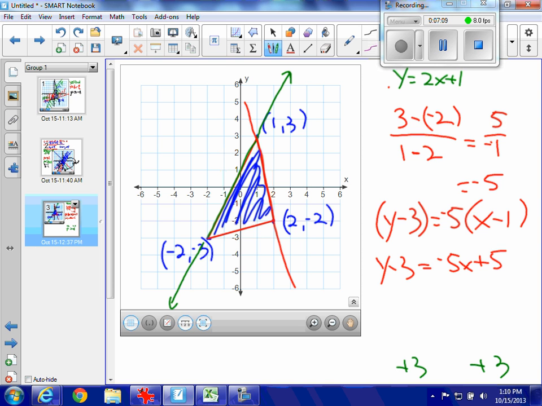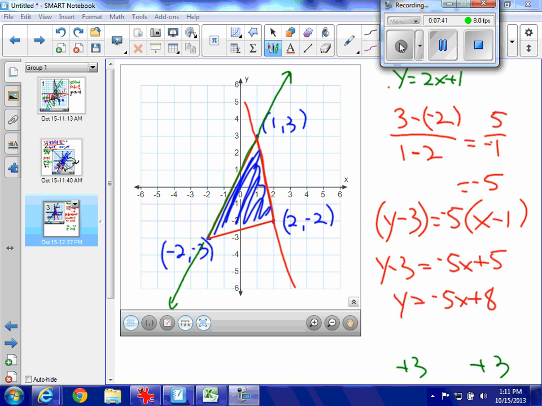I'll add 3 to both sides, and I have y is equal to negative 5x plus 8. I can see it might have an intercept up there of 8, though my lines aren't that straight. Are we okay with that? Yes.